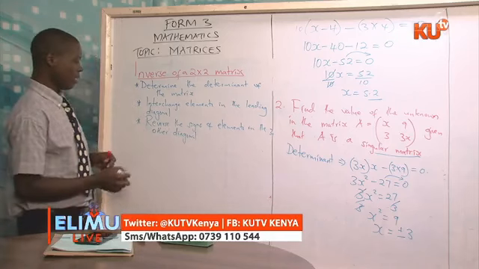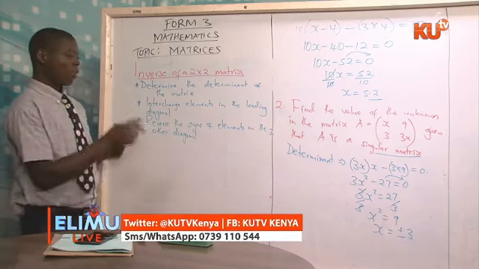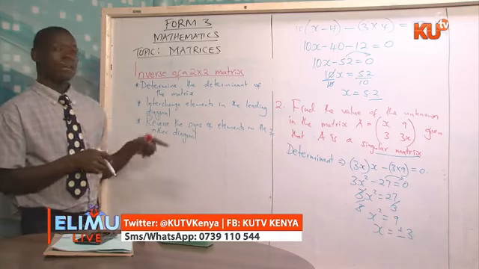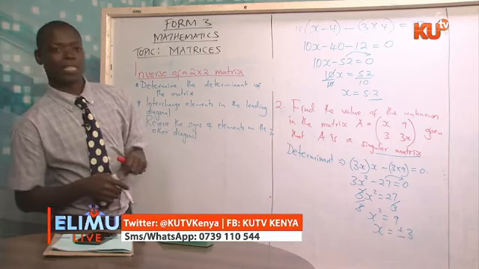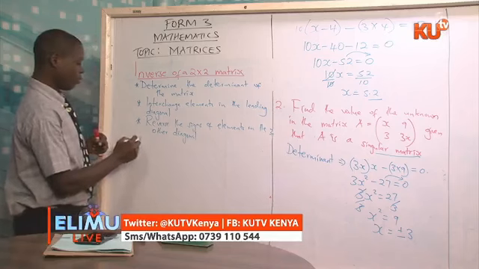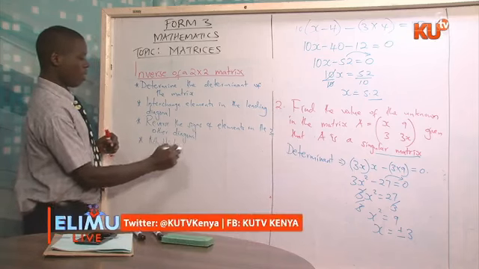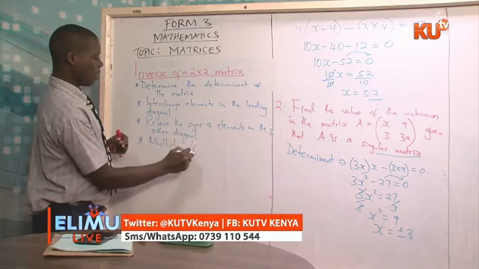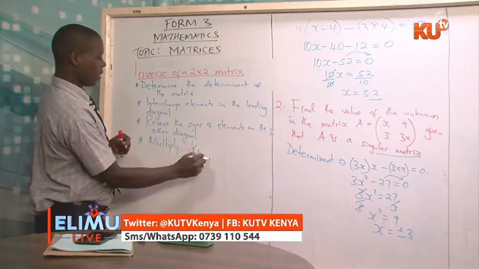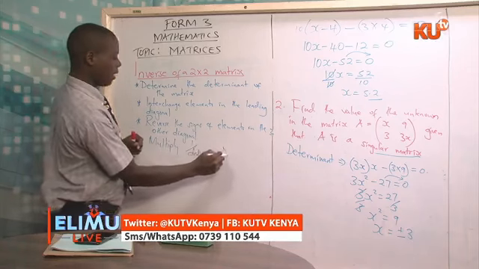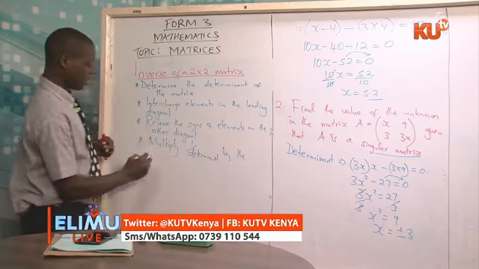That is number 3. And then after you've reversed the signs and interchanged the elements, you obtain a new matrix. So the last step that you do, you simply multiply 1 over the determinant by the resulting matrix.